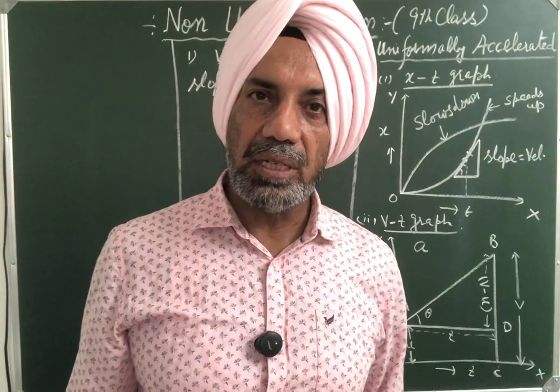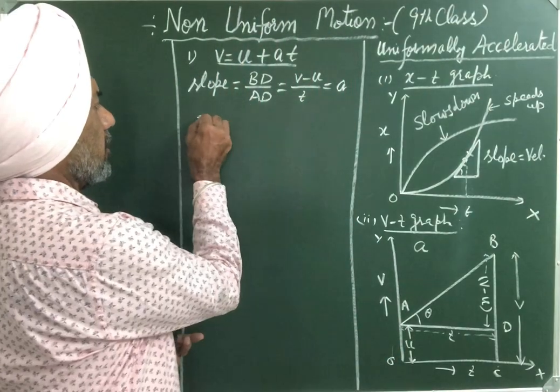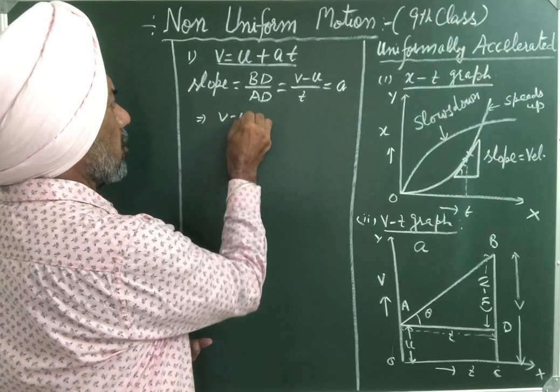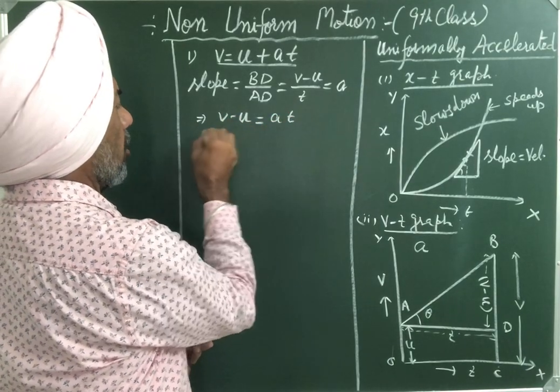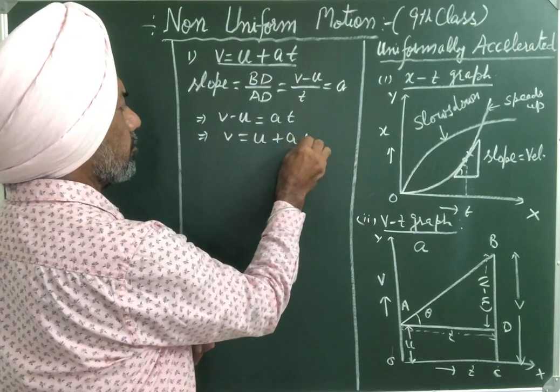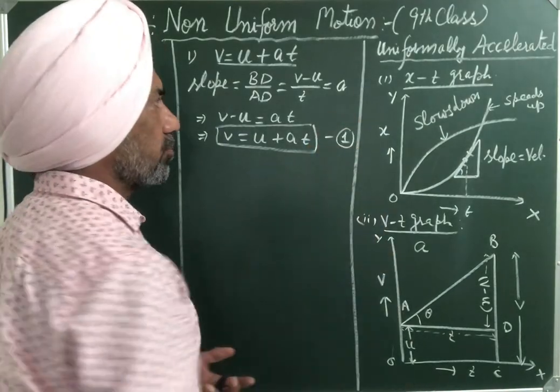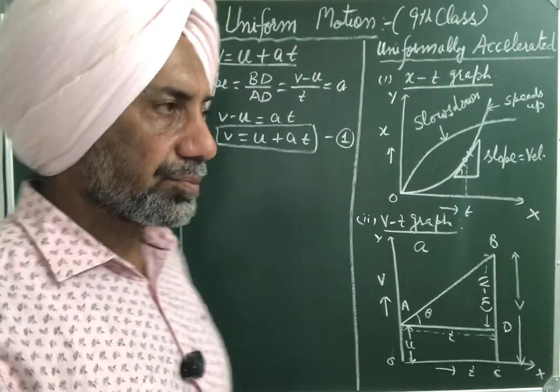This is by definition. Acceleration is defined as rate of change of velocity, or this implies v minus u is equal to at, or this implies v is equal to u plus at. It is the required first equation of motion from this graph.